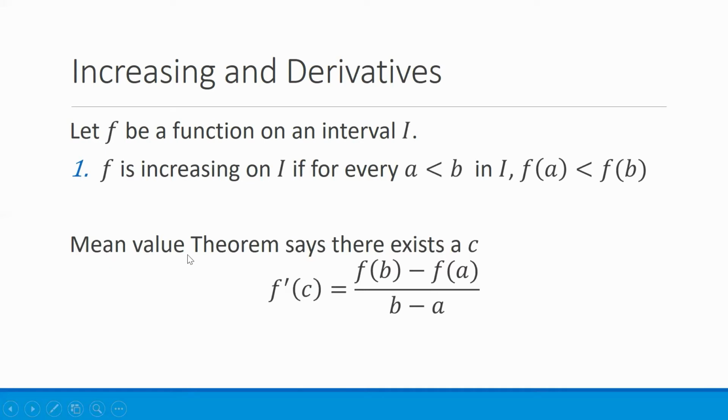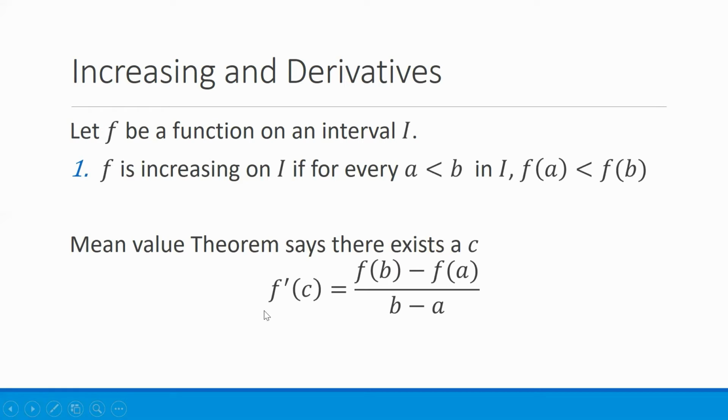If we connect that to the mean value theorem, the mean value theorem says that there exists a c between a and b such that the derivative at value c is equal to the average rate of change, so long as f is a continuous, differentiable function.